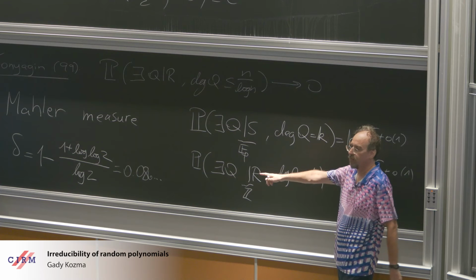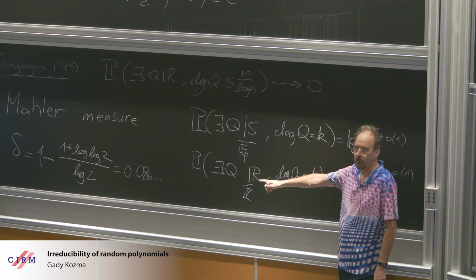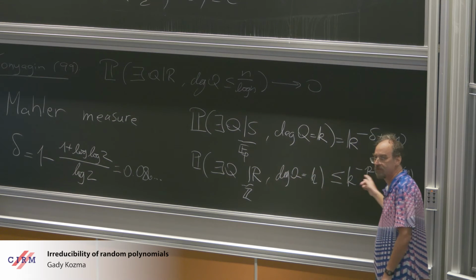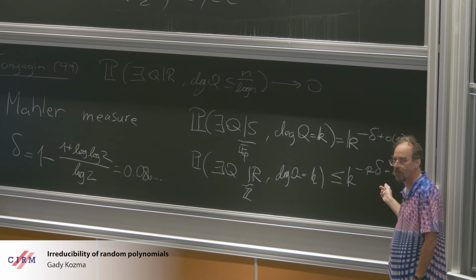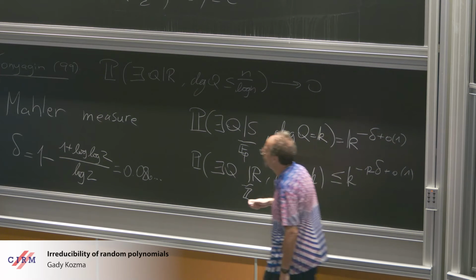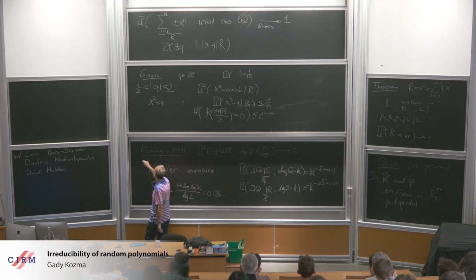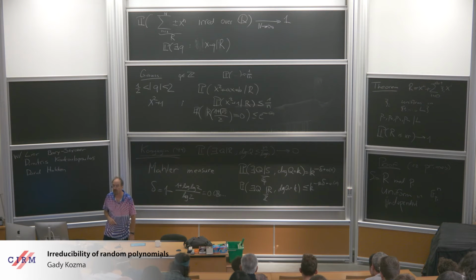But 12 delta is bigger than 1. Then I can sum them for large k, and for small k, I use Konyagin's results. That's the end of the proof. Questions?